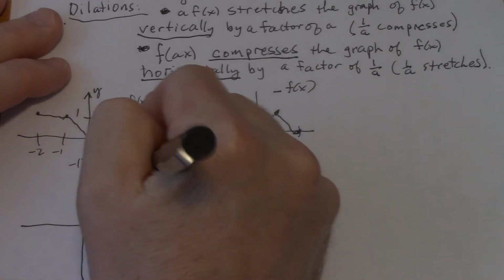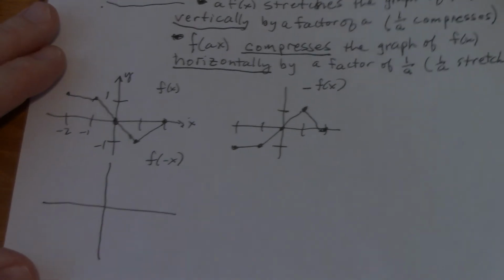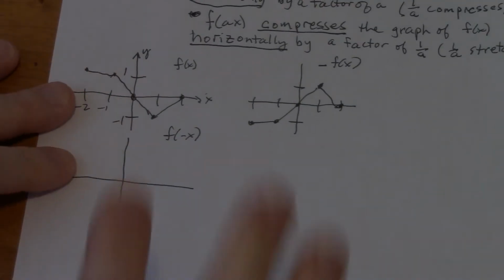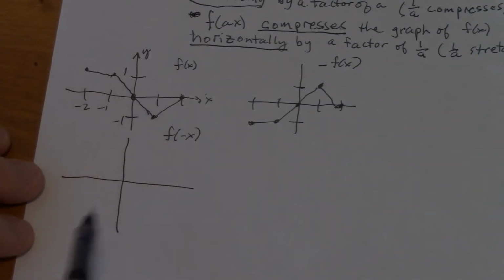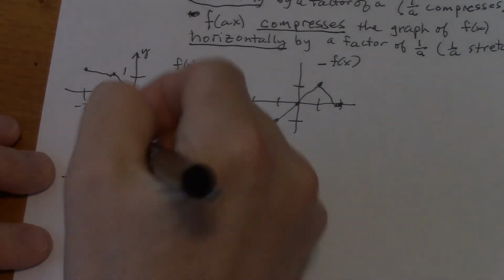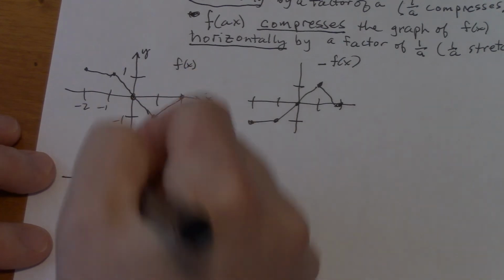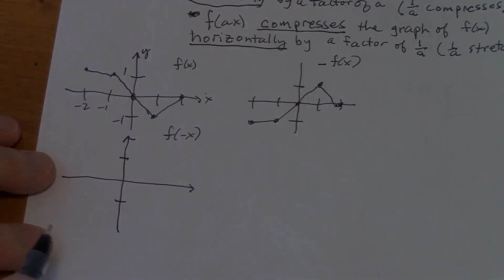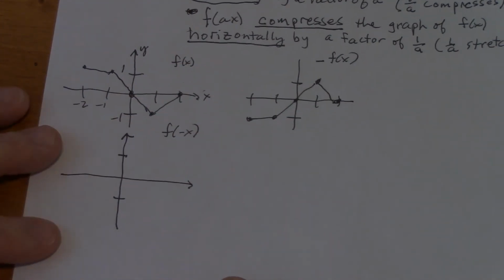Okay, and then here, let me do that underneath. If we want f of minus x, that's going to be a flip, but it's going to be a flip on the y-axis, not the x-axis. Okay, so once again, what's the deal here? The domain can change, but the range won't. Okay?